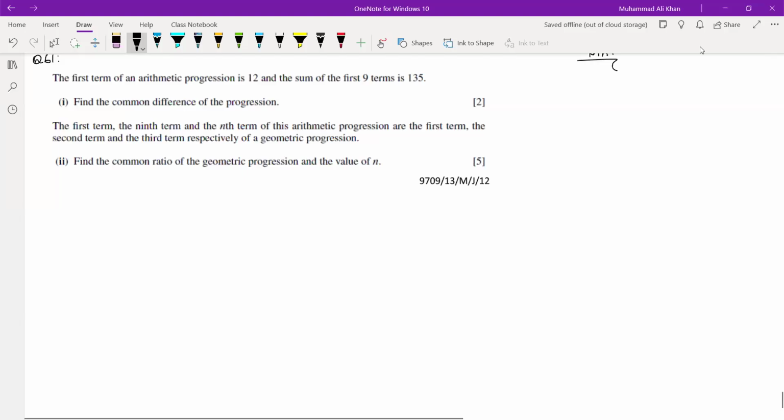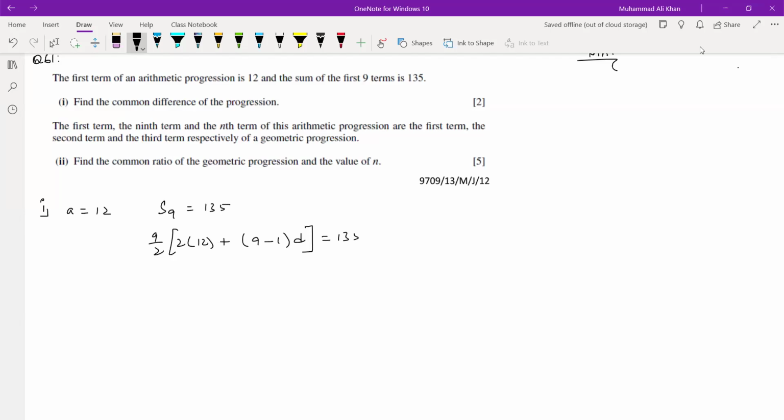Now, question number 61. It is from May, June 12, paper 1-3. The first term of the AP is 12, A is 12, and the sum of the first 9 terms, S9, is 135. Find the common difference. So S9 is 9 by 2, 2A plus n minus 1 times the common difference D, equals 135.